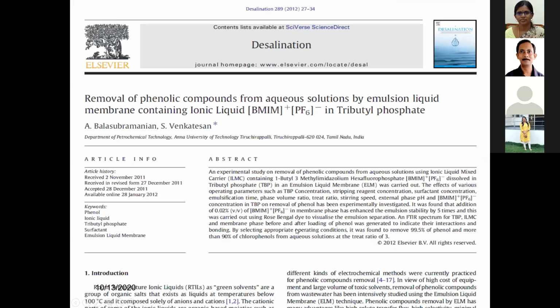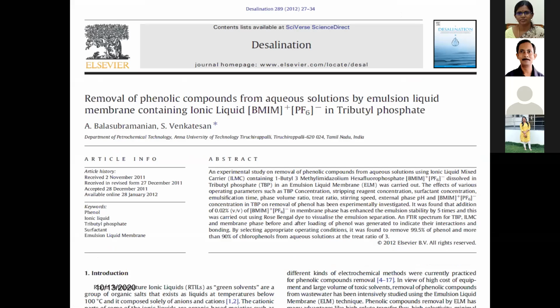Recently we have worked on the removal of phenolic compounds from aqueous solution by emulsion liquid membrane. It is actually an emulsion ionic liquid membrane containing the ionic liquid 1-butyl 3-methyl imidazolium hexafluorophosphate.